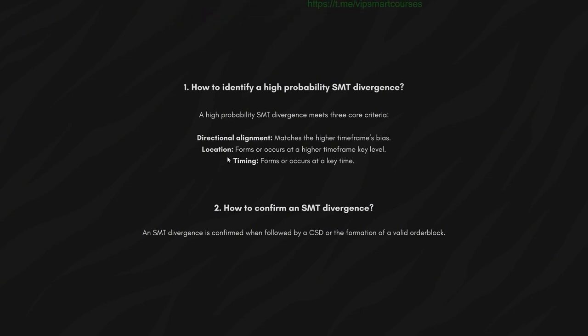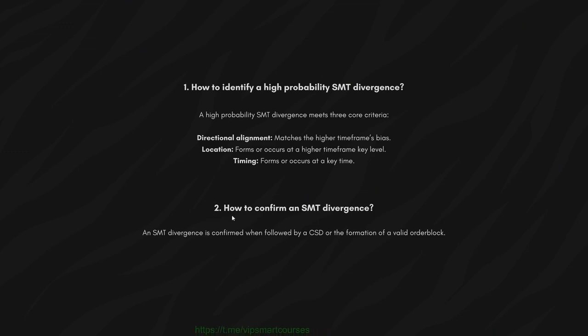And number three, it forms or occurs at a key time. These are the three key characteristics that add more probability to the SMT divergence playing out, which makes it a high probability SMT divergence.